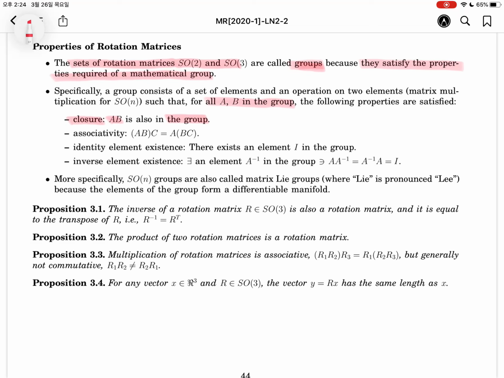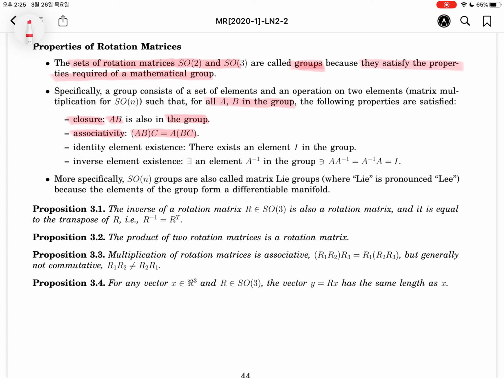The group is closed. The result will be found in the same group. The second condition is that associativity should be satisfied. It does not mean commutativity, just associativity should be satisfied for the group.